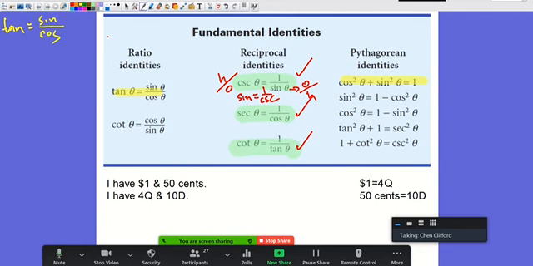We know that tangent is opposite over adjacent, sine is opposite over hypotenuse, and cosine is adjacent over hypotenuse.